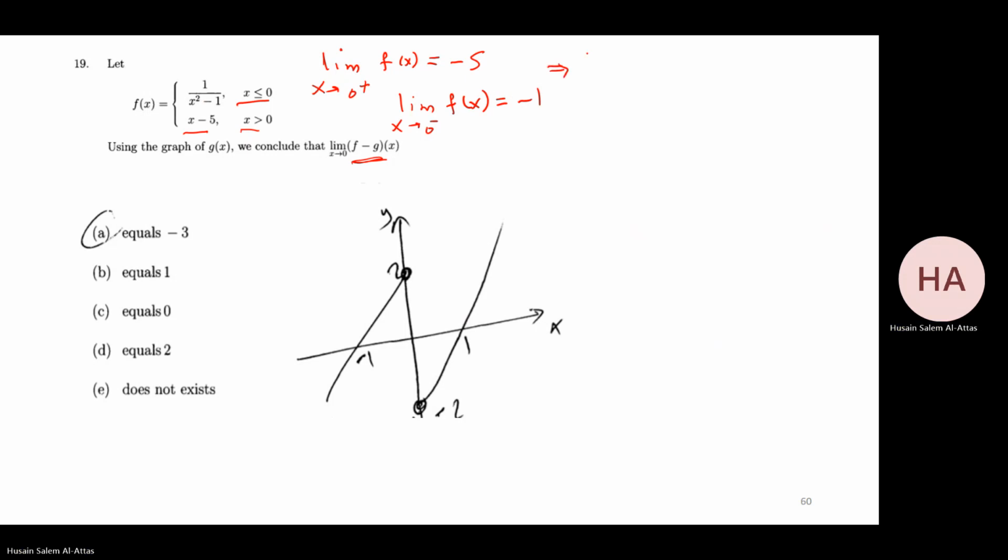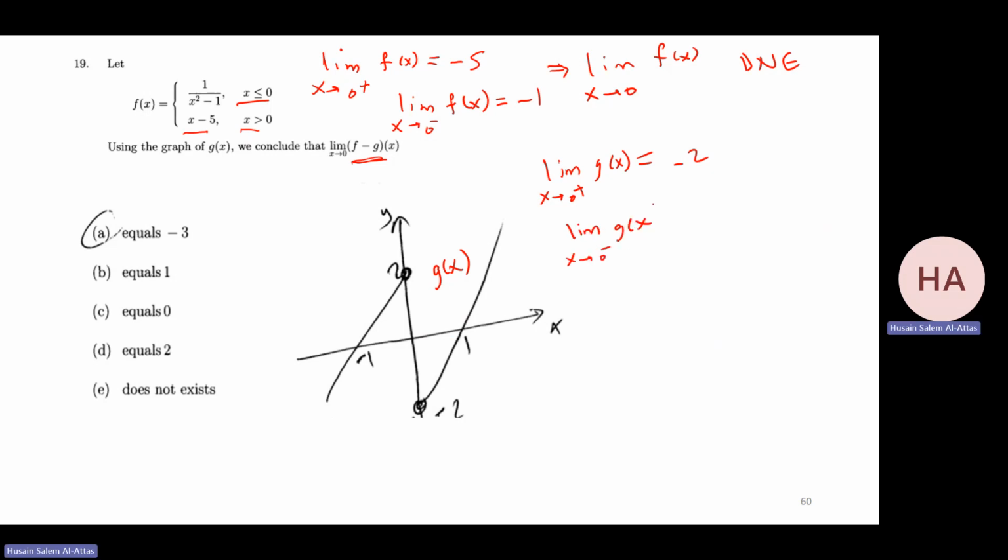So the limit of f of x as x goes to 0 does not exist. This is g of x. I want to check the limit as x goes to 0 from the right for g of x. From the right, I'm here, so this is -2. This goes to 0 from the left, less than 0, so you are here. So it will be 2. So it means the limit of g of x as x goes to 0 does not exist.